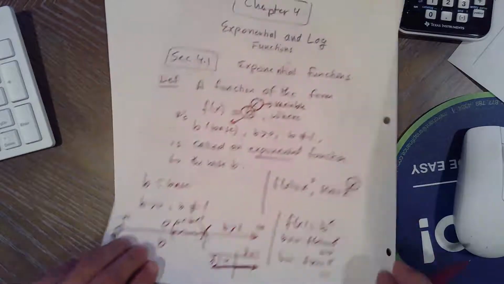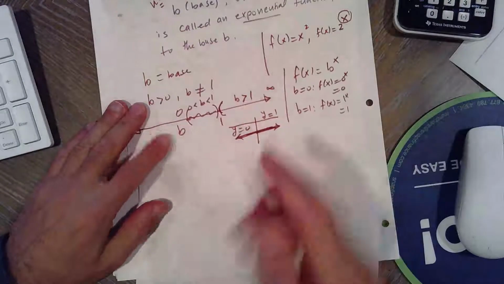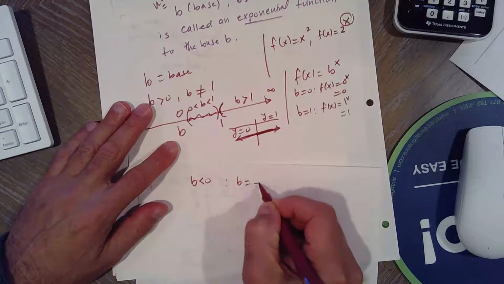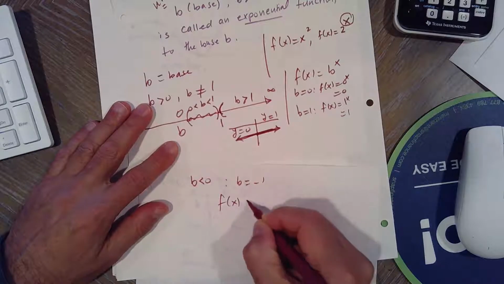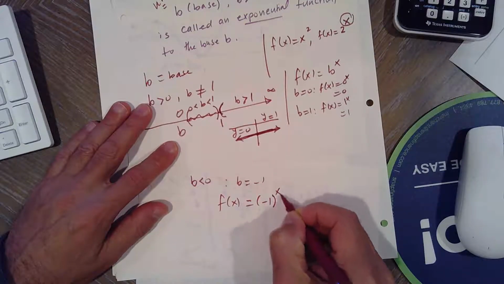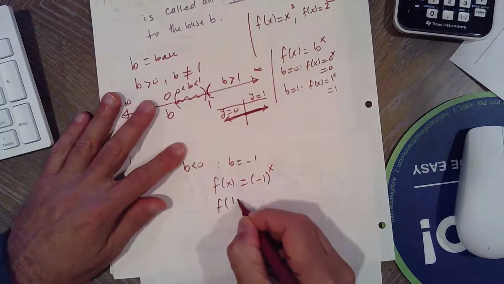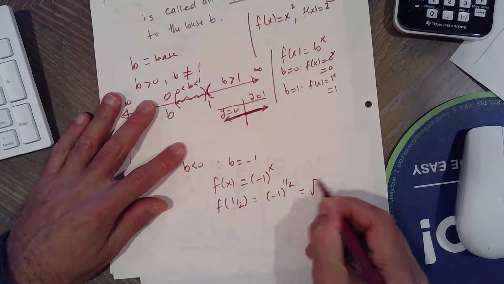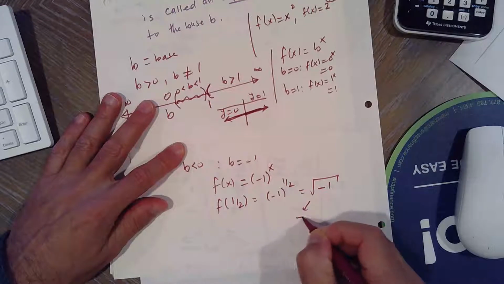If b is negative, why do we not accept a negative base? Because look what happens. If b is less than 0, say negative 1, then f of x is negative 1 to the x. And say you want to do fractions like f of 1/2. So negative 1 to the 1/2 is the square root of negative 1, which is i, imaginary.